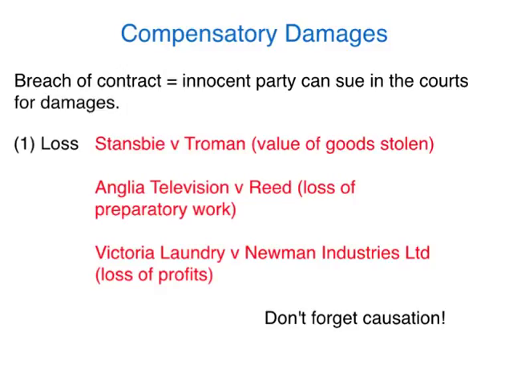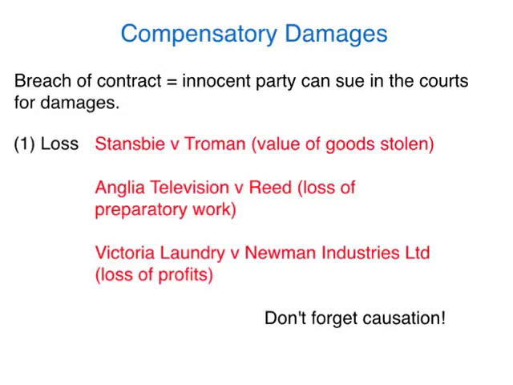Now, if breach of contract has occurred, then the innocent party will be looking for damages, more often than not. In other words, a sum of money to be awarded by the courts, aiming to put the claimant in the same position as if the contract had not been broken, compensating for any loss. And so when we talk about loss, loss can occur in a number of ways depending on the contract.